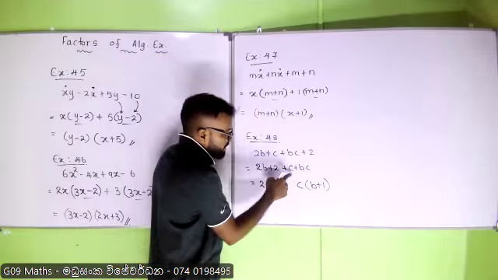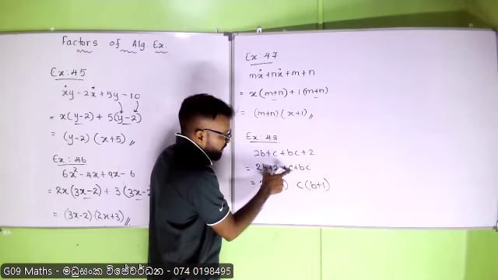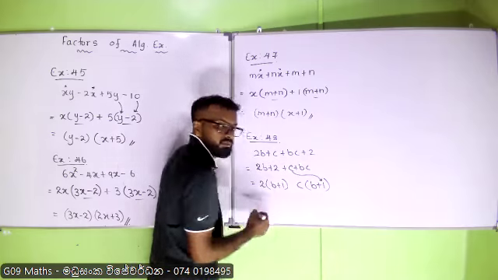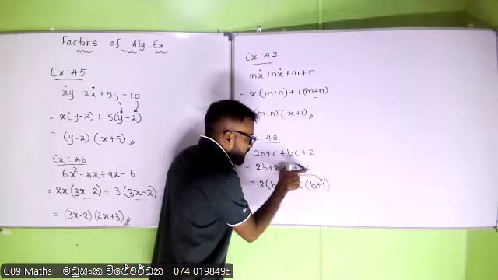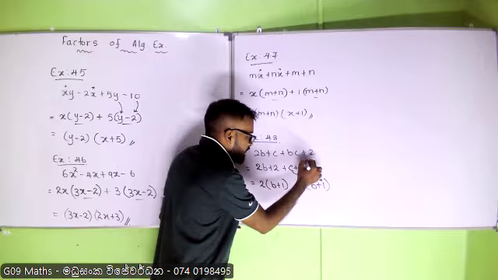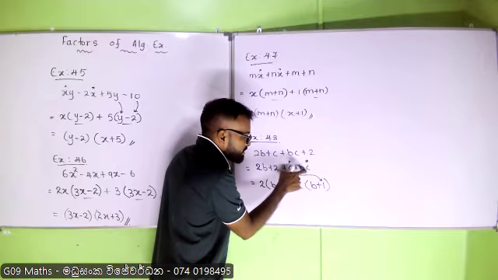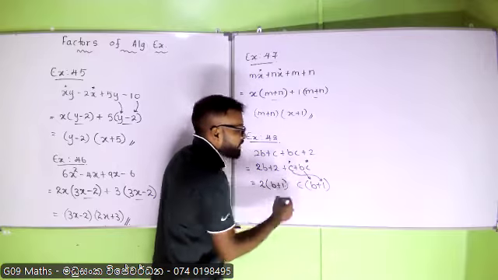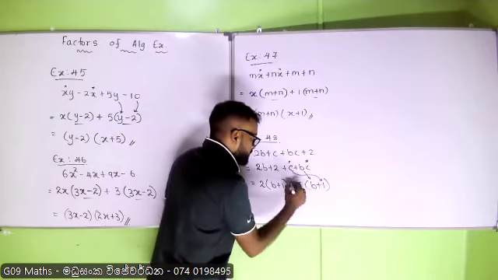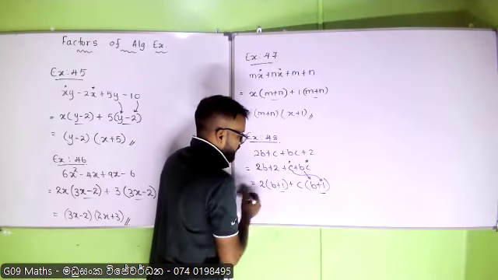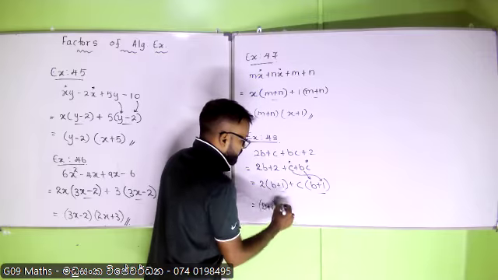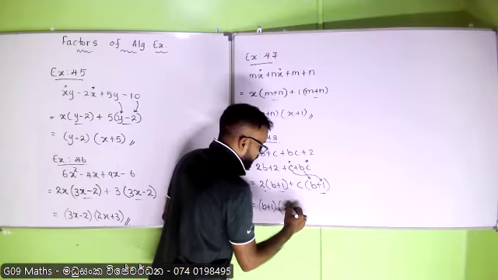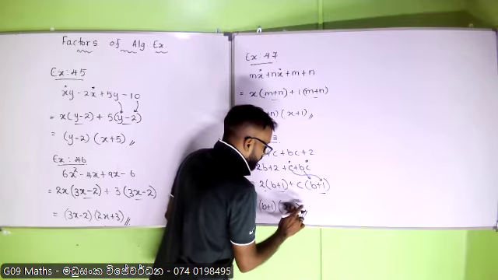If you take c out from here, 1. If you take c out from here, the remaining term is b. All are positive. b plus 1, b plus 1. Take out and write the rest: 2 plus c. Done.